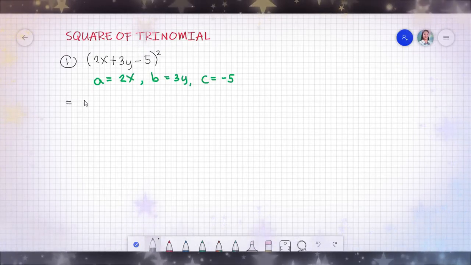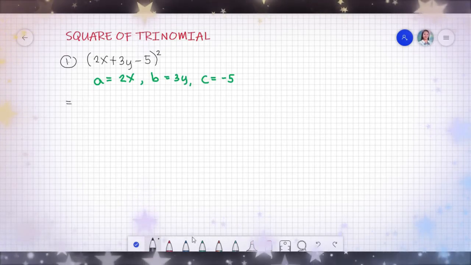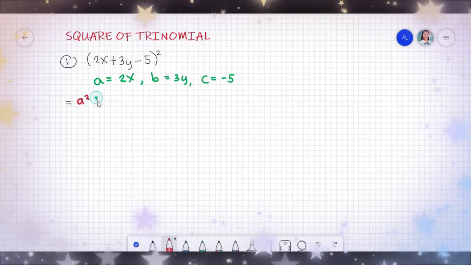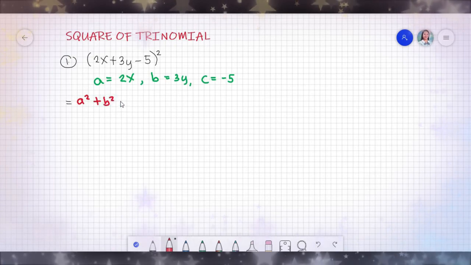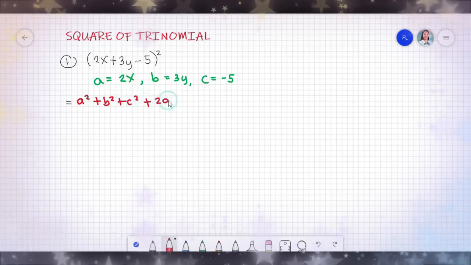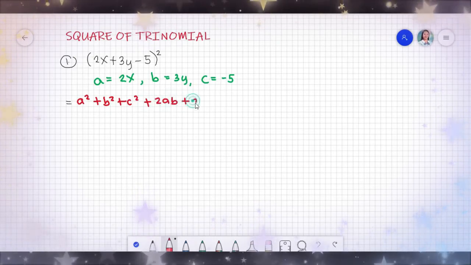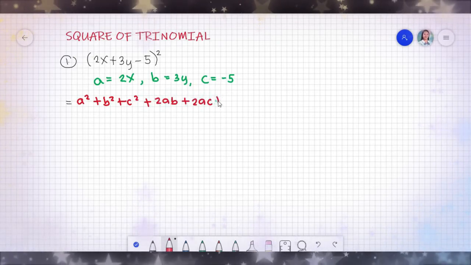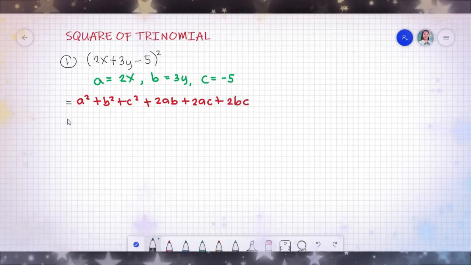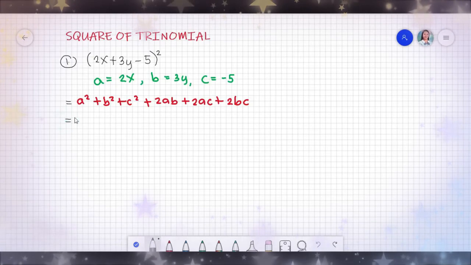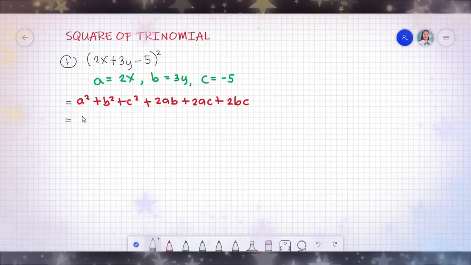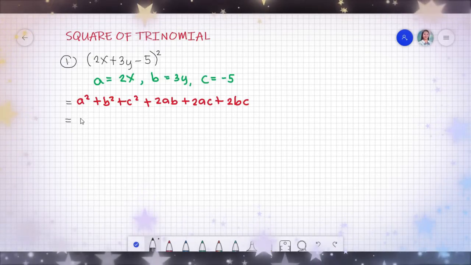The pattern for square of trinomial is a squared plus b squared plus c squared plus 2ab plus 2ac plus 2bc. If you're just going to use the pattern, then there's nothing that can go wrong. This time, substitute a, b, c with the given.